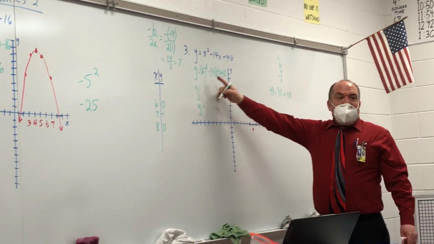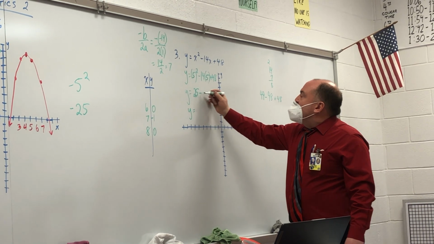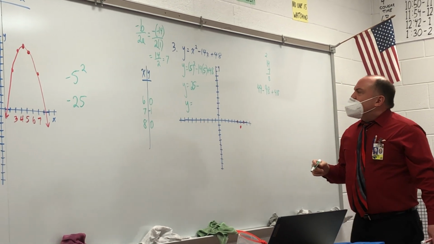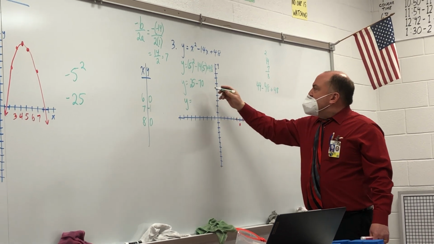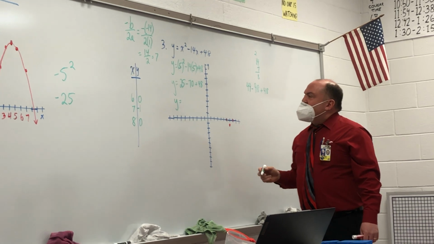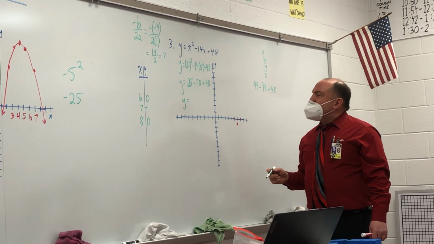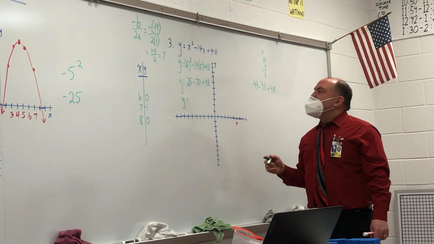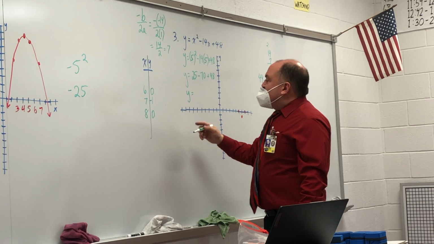5 squared is 25. 14 times 5 is 70, plus 48. 25 minus 70 is negative 45. Negative 45 plus 48 is going to be 3.